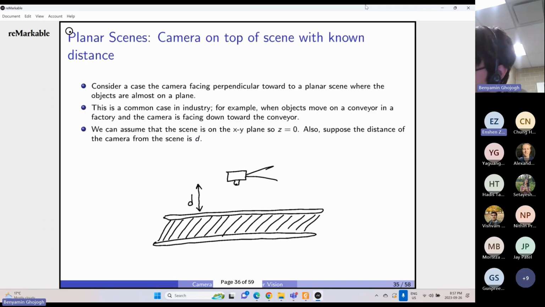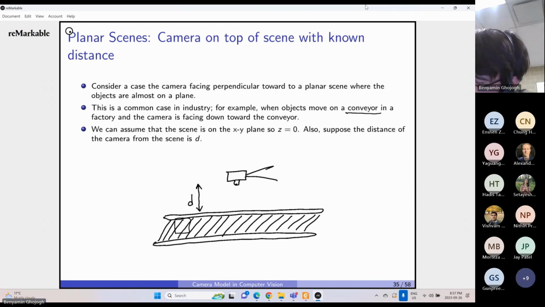Have you seen the conveyors where objects move on the conveyor? For example, there are boxes on it. If the distance of the camera from the conveyor is significant, then the height of objects can be negligible. Therefore, you can assume that the conveyor is a planar scene. So you see that in industry a lot, right?